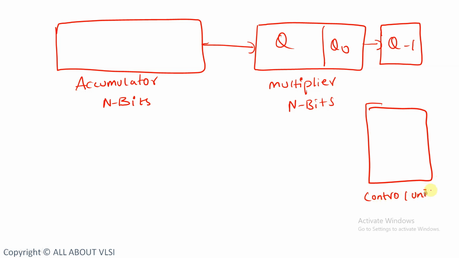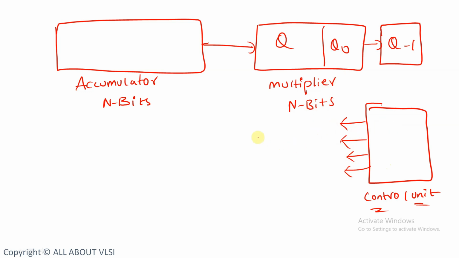On the basis of this q naught and q minus 1, your control unit will tell whether to perform an add operation, a subtraction operation, or just normal shifting operation. What to do, this control unit is going to tell.